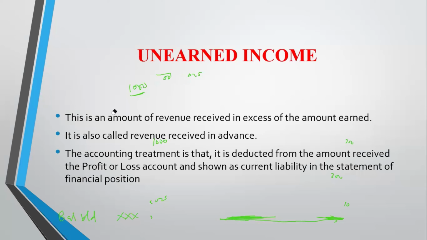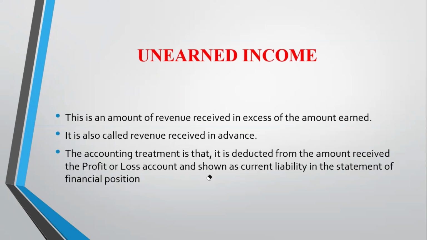What this is trying to say is, when someone asks you to do a particular job for him or her, and you've not performed or completed the job, but the person has made payment to you, you've received your revenue in advance, although you've not completed the work.